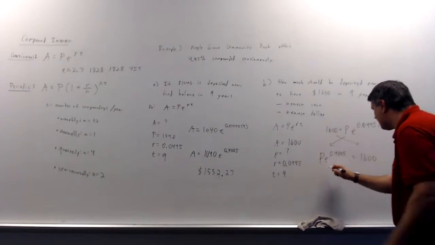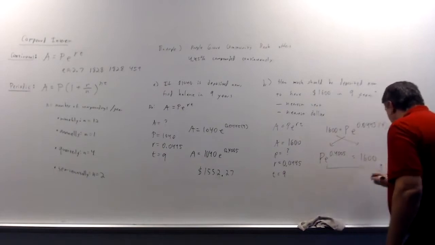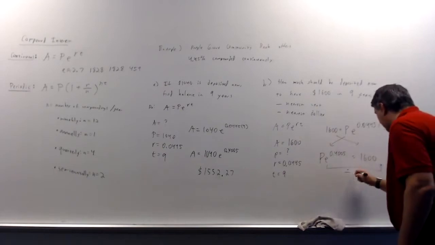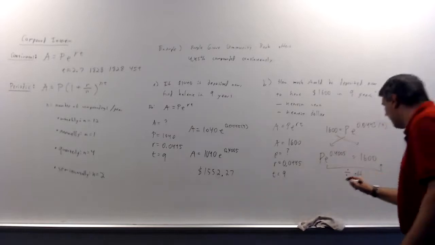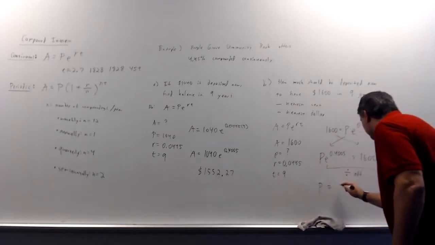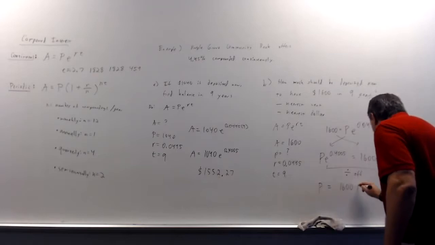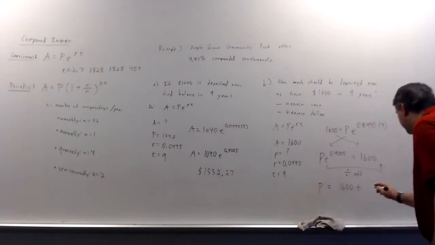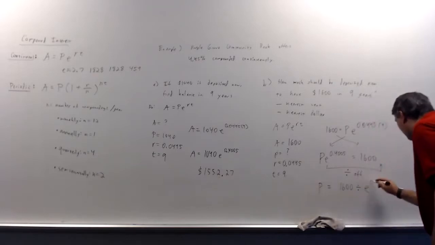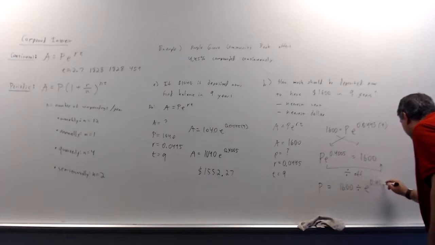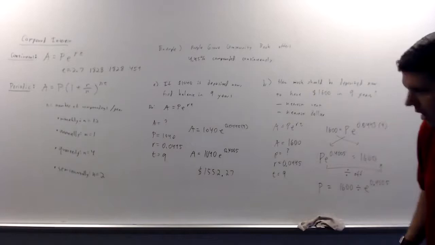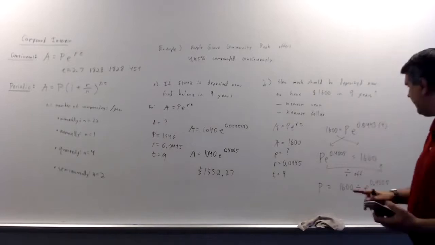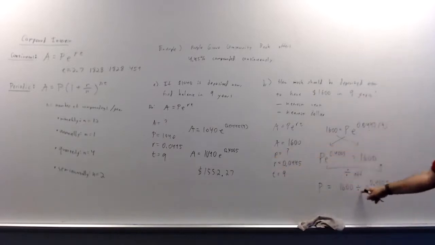I'm going to do the multiplication by dividing. And yes, that is the arithmetic division symbol, and that's what I'm going to use. So P equals 1,600 divided by e to the 0.4005 power.